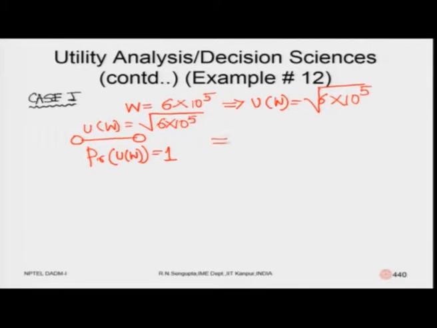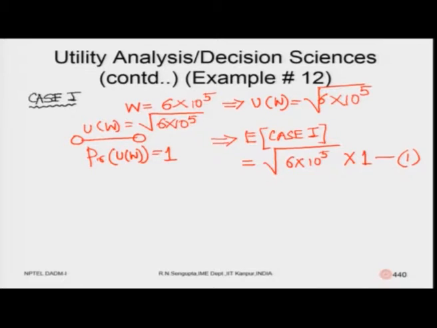So, this will imply the expected value for, let me write it as case 1, will be equal to square root of 6 into 10 to the power 5 into 1. So, this is the first one.